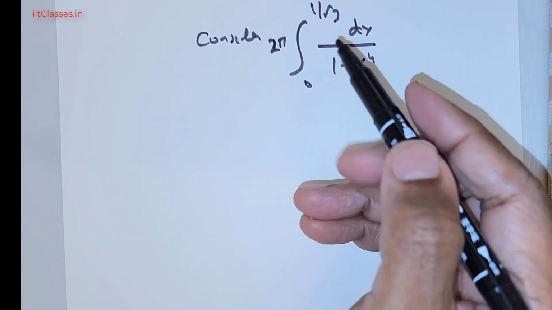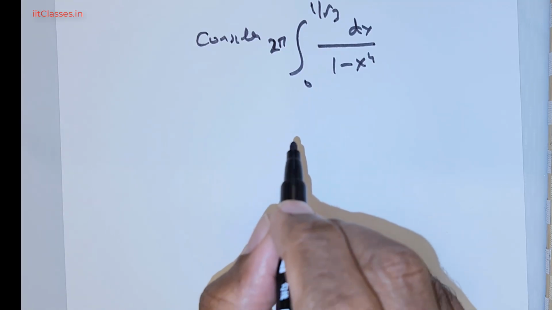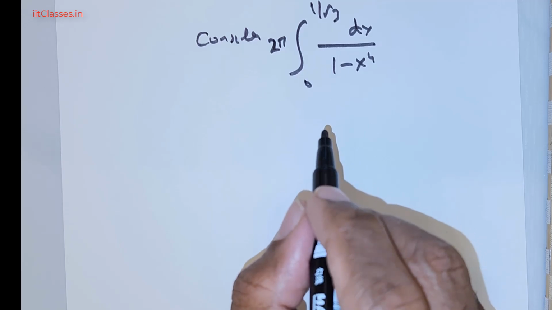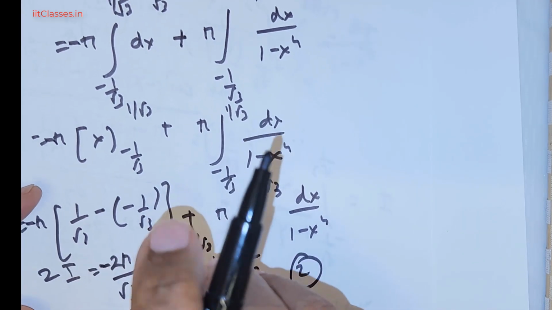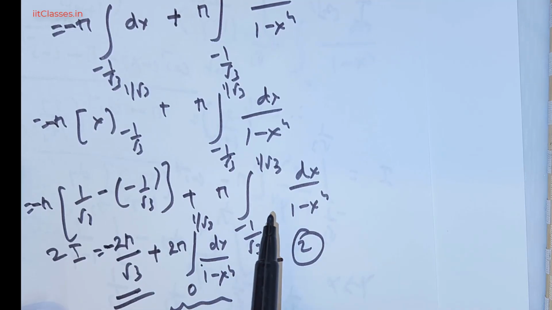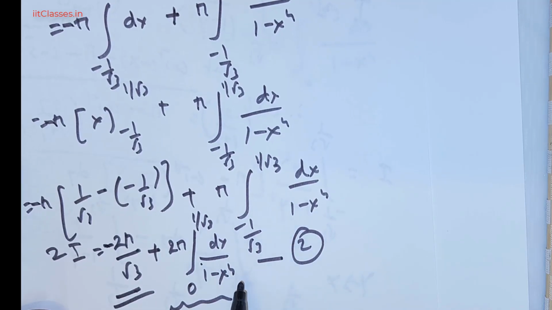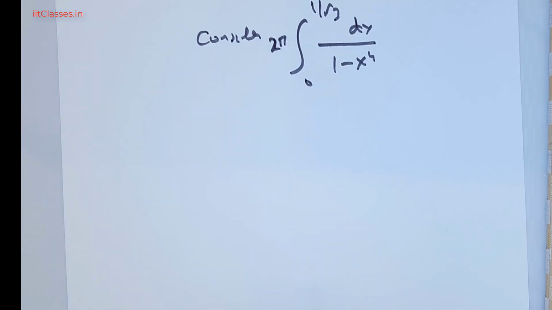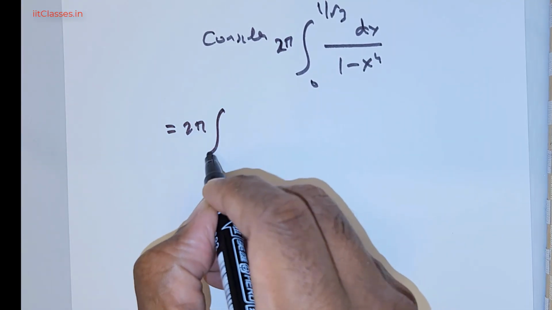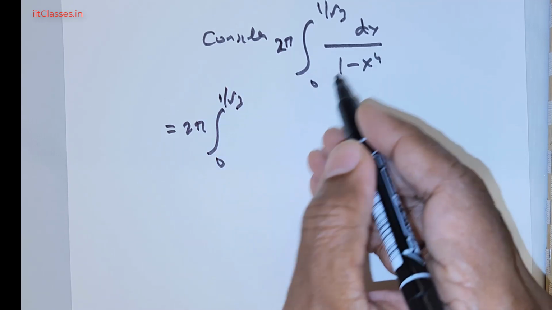What I wish to do is let me take the pi out. We do have a pi. So this is equal to 2 times pi integral from 0 to 1 over root 3.